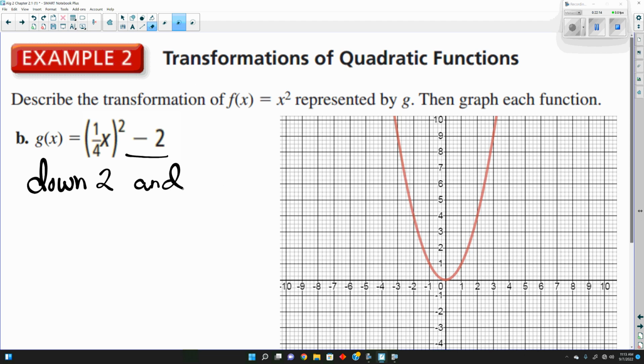Horizontal stretch or shrink. So, this is a horizontal, what? It looks like it should be a shrink, yes? But it is a stretch, because it's always the opposite of what we think. So 1/4.